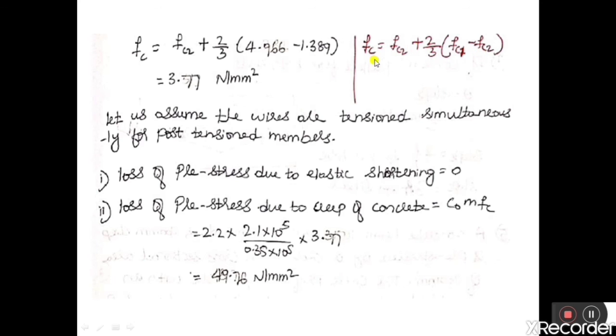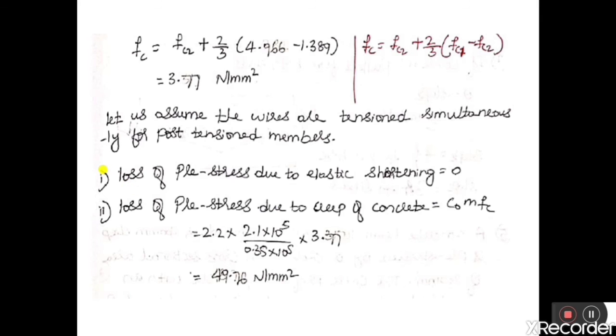You should remember this condition. Therefore, Fc is equal to 3.77 Newton per mm square. So the resultant compressive stress in the concrete with respect to the CG of tensioned steel is 3.77 Newton per mm square. Now let us calculate the different losses.